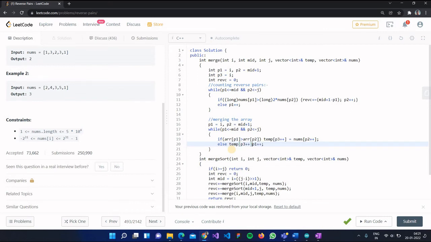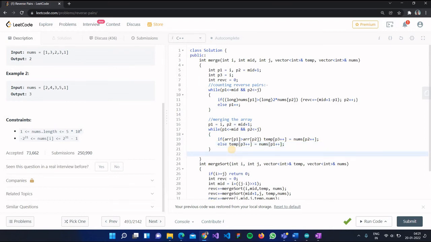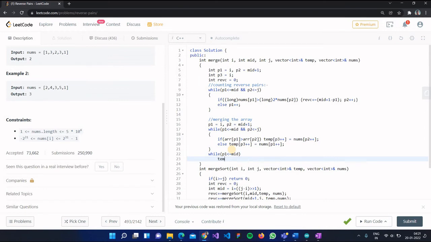Okay, this is just the way that I've explained earlier on the blackboard. So this is essentially the same thing. So we did this. Now we are checking that we have merged both these sections, but it might be possible that in any of these sections there are some elements that are still left. So in that case, we're simply going to put all those elements also in the final array.